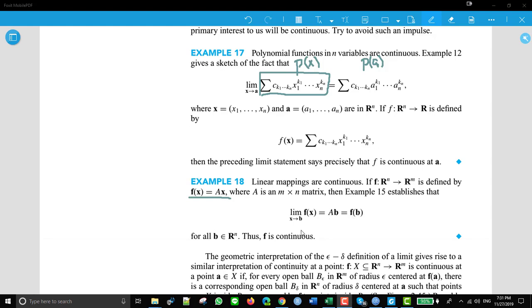So that means that all such so-called linear mappings, so Ax is called a linear mapping, are also continuous.